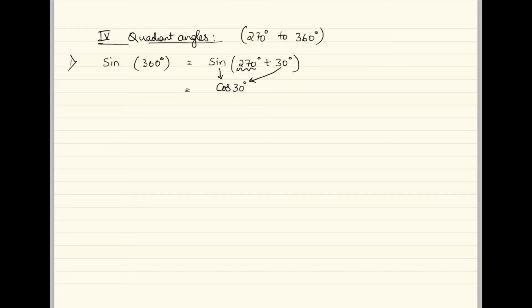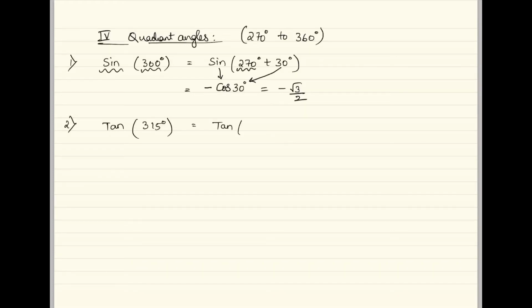But sine of a fourth quadrant angle should be negative. So minus cos 30 degree, that is minus root 3 by 2. Because in the fourth quadrant, sine is negative. Only cos and secant are positive, all others are negative. Let's see what is tan of 315 degree.